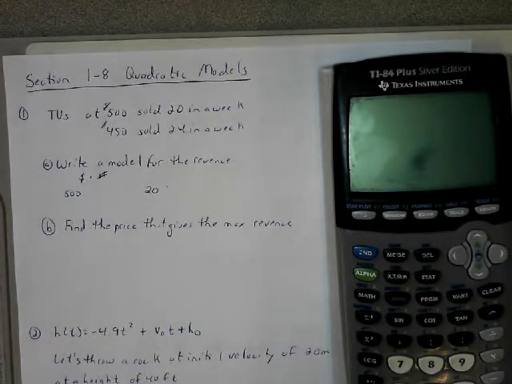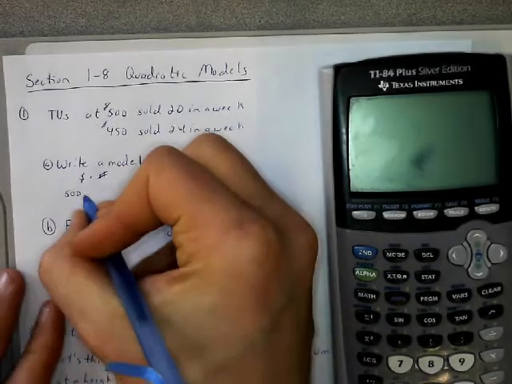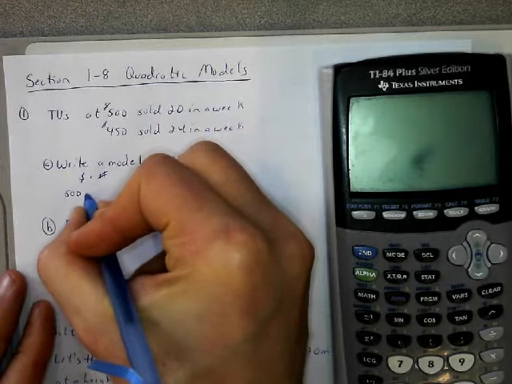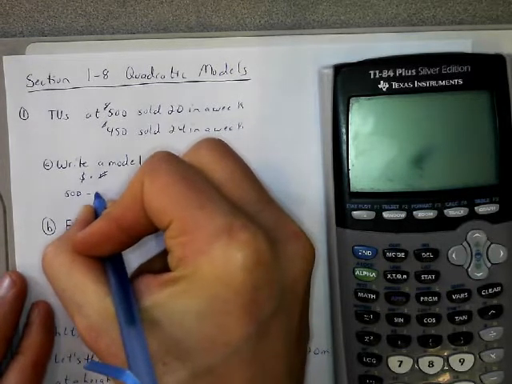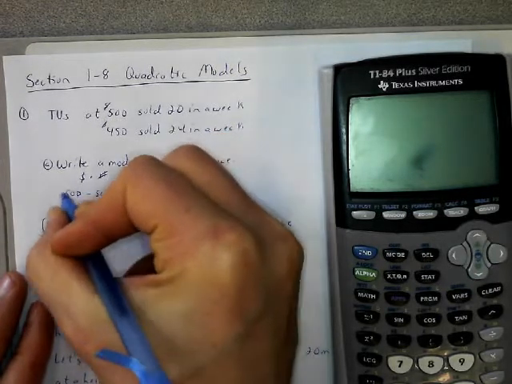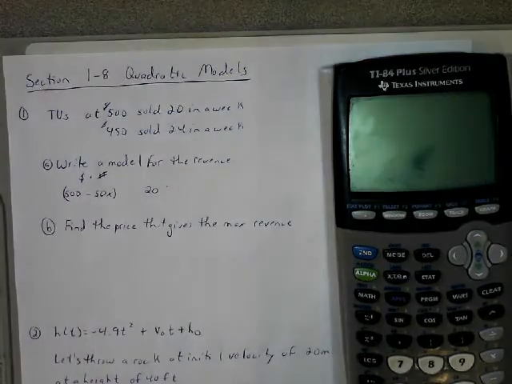So basically, for every $50 discount in the price, we're going to sell 4 more. So therefore, it's 500 minus 50 times X. So for example, if we have one discount of $50, two discounts of $50, three discounts of $50, that's how much it's going to go down.